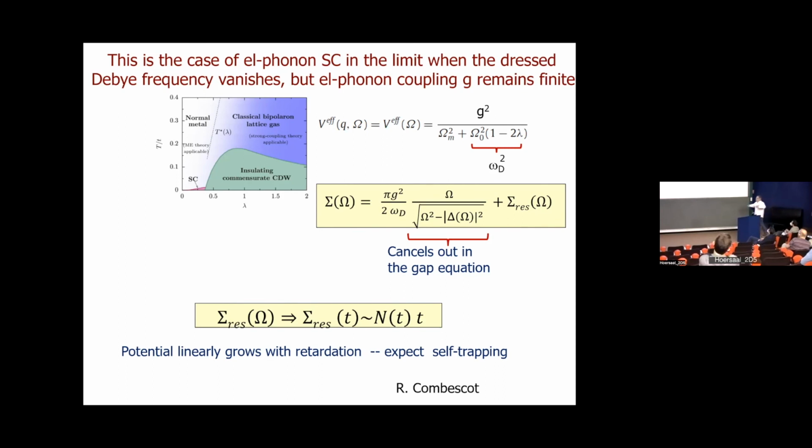So it's just like the potential due to interaction grows with retardation. It's just like a wave function in a linear potential, only instead of space there is time. So the potential grows with retardation, and of course the particle wants to self-trap in this growing potential. And this was his explanation for this bunch of delta functions, which I think is a good explanation.